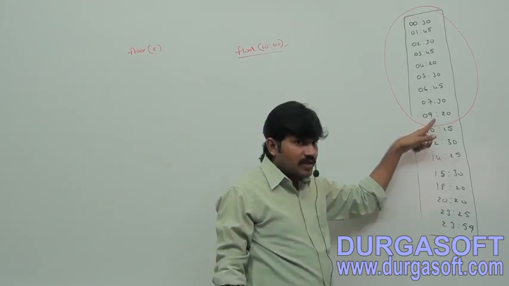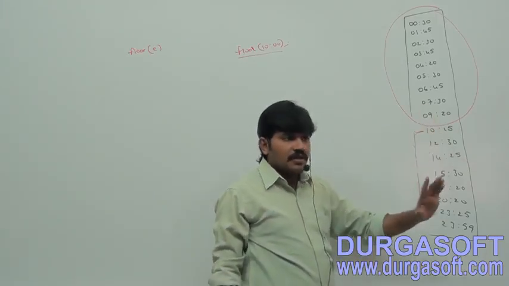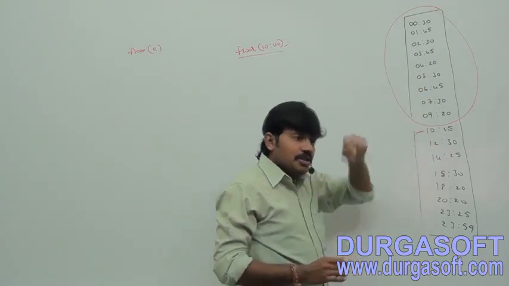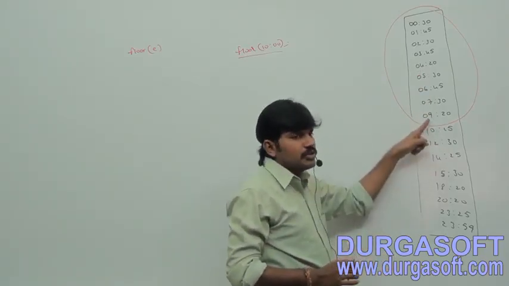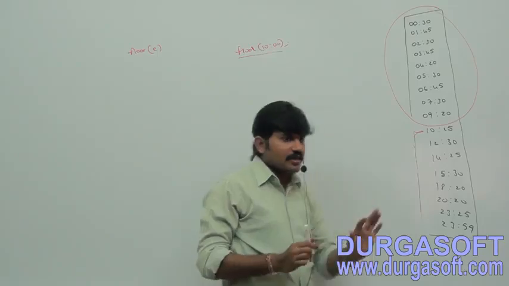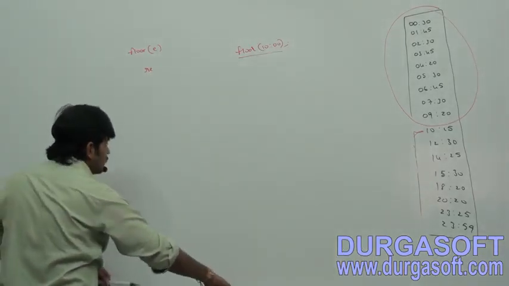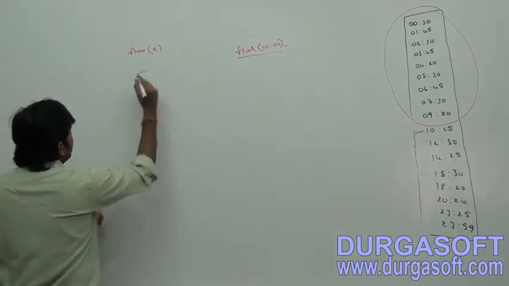Can you tell what is the last flight timing? 9:20. Either 10 or before 10, there are several elements. In those elements, we have to return which element? The highest element. Now, can I use the word returns?